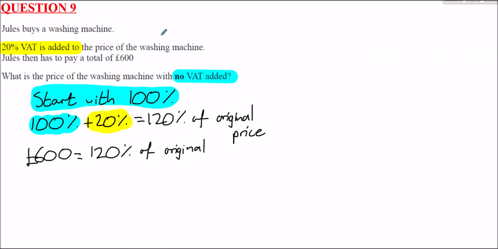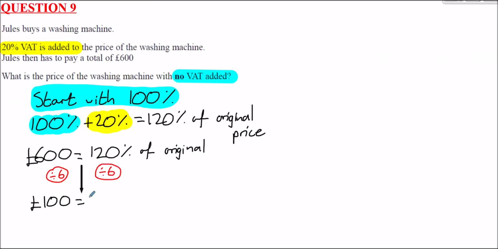So what I'd suggest you might want to do, if you can, is to find 1% of an amount. So what we could do here is find 1%, but what I'm going to suggest instead is we could work out what 20% is by dividing by 6. Because 120 divided by 6 gives 20%, and then we can do 5 lots of 20% to get up to 100%. So 600 divided by 6 is £100.